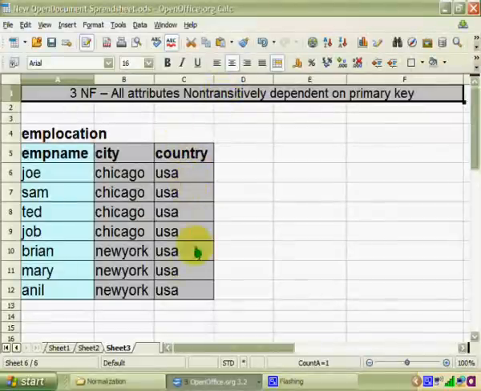Joe belongs to USA because Joe belongs to Chicago, and we could have derived the country from the city, but we put both the city and the country. So the country is derivable information. Similarly, Brian belongs to USA because Brian belongs to New York. So that's a transitive dependency which should be avoided.